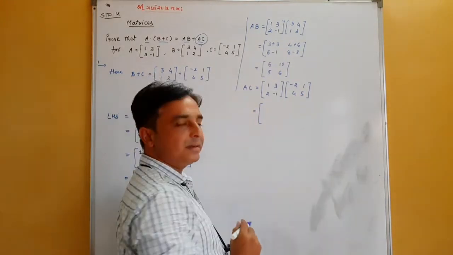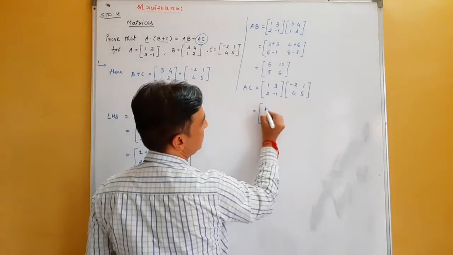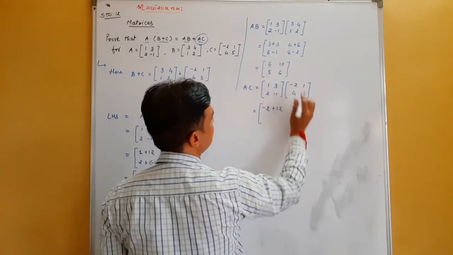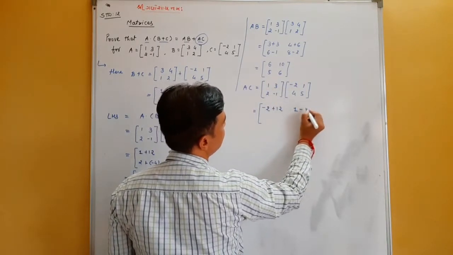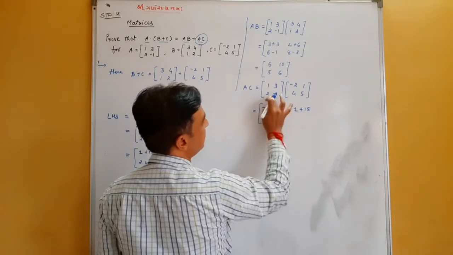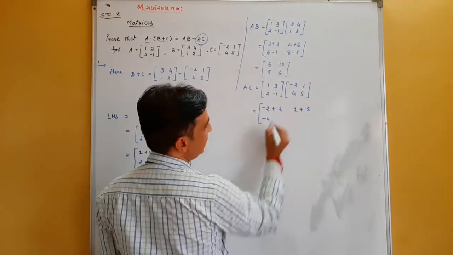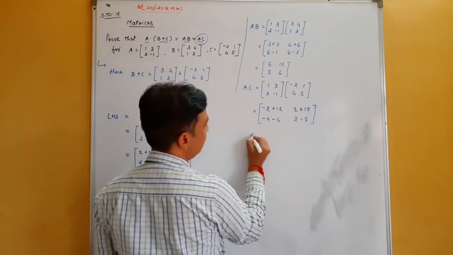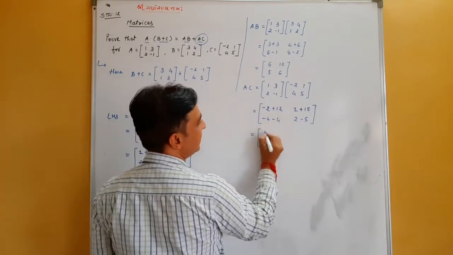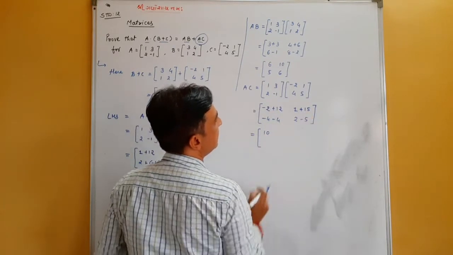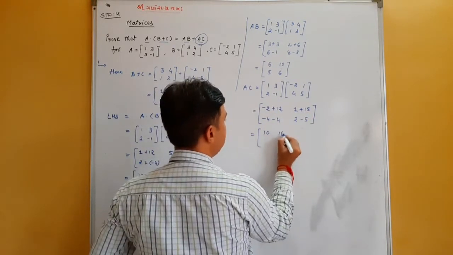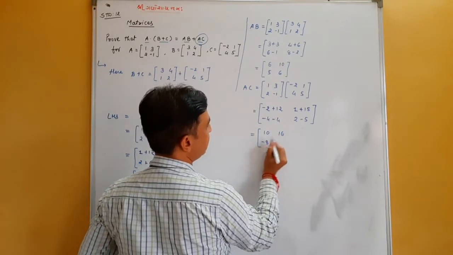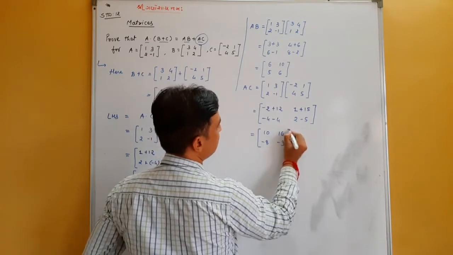Multiply these two matrices. 1 2s are minus 2, 3 4s are 12, 1 1s are 1 plus 15, 2 2s are 4 minus minus 4, 2 1s are 2 minus 5. 12 minus 2 is 10, 15 plus 1 is 16, minus 8 and minus 3.